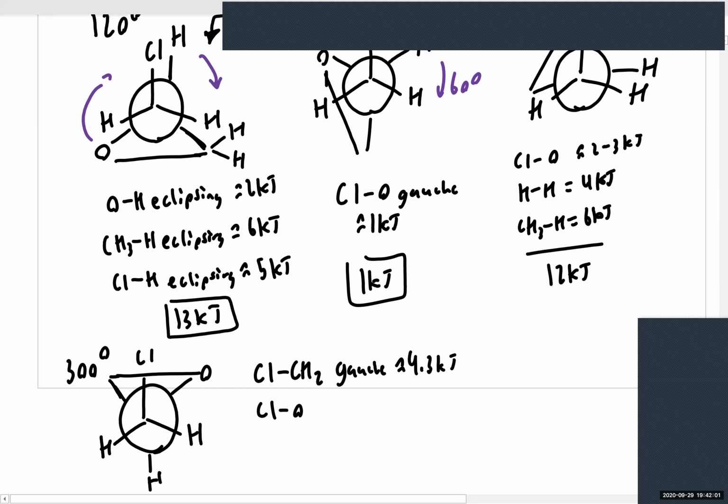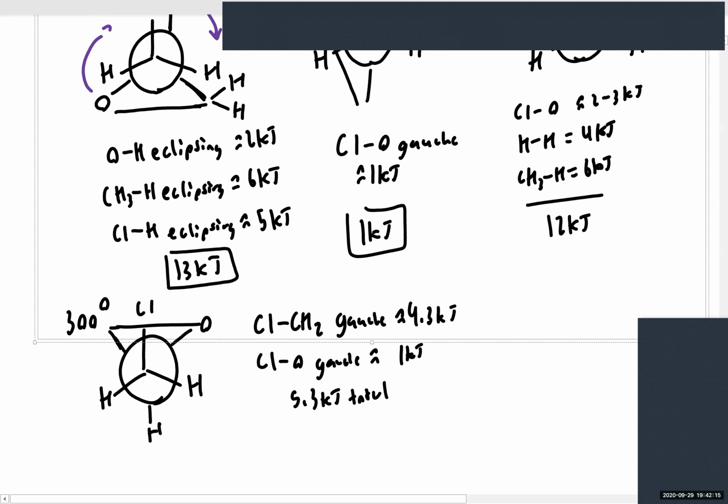And we have a chlorine oxygen gauche interaction, which is around 1 kilojoule, which gives us 5.3 kilojoules total. So despite being a staggered conformation, this conformation experiences destabilizing gauche interactions.